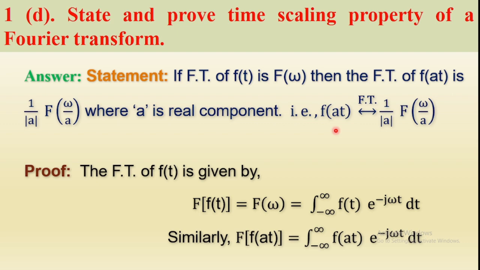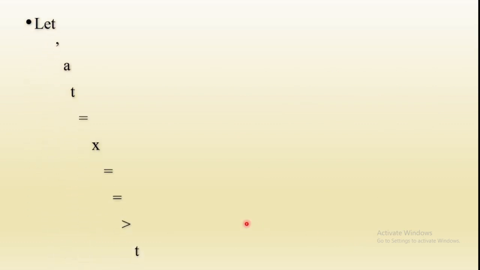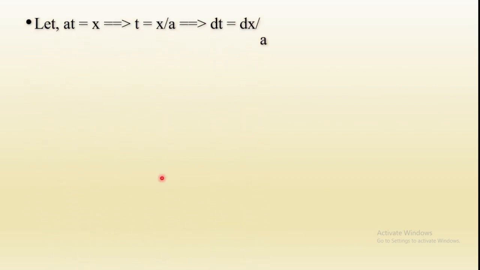Similarly, the Fourier transform of f of a t is the integral from minus infinity to infinity of f of a t into e power minus j omega t dt. Let a t be equal to x. Differentiating, t is equal to x by a, so dt is equal to dx by a, where a is the constant.